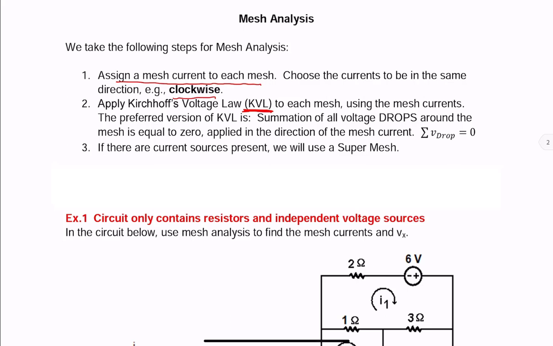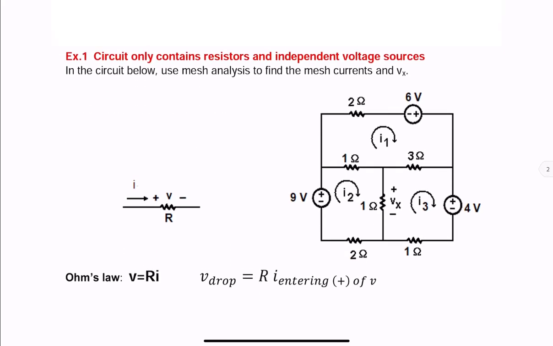Preferred version of Kirchhoff's voltage law is to look at summation of voltage drops around each mesh equal to 0. If there are current sources, we will use a super mesh that we will review in a future example. For a system with n meshes, mesh analysis results in n equations in n unknown mesh currents.